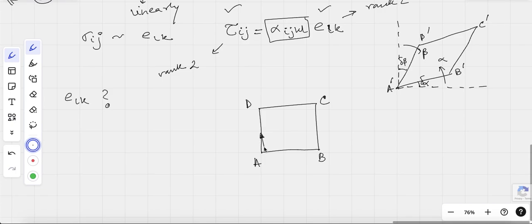This point of the fluid moves with a velocity of v. This point of the fluid moves with a velocity of u.